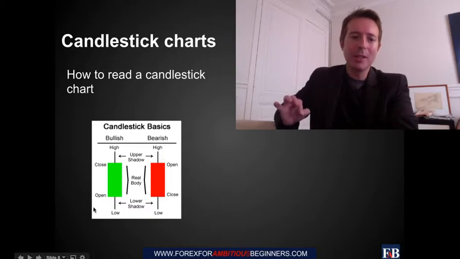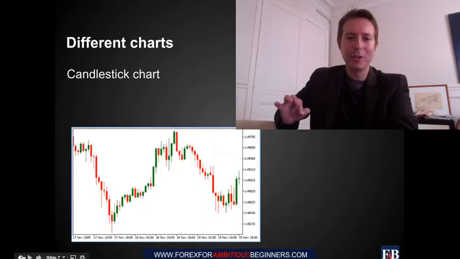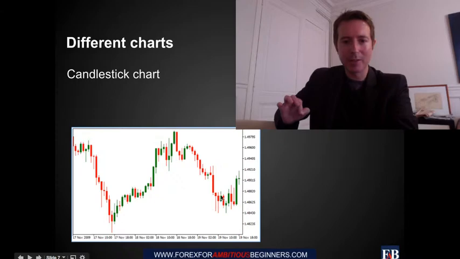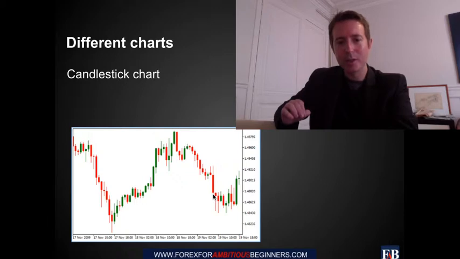So immediately, one of the interesting things that you can do is, for instance, look at this red candle here. It has a very small shadow on the bottom and a longer one on top. Now the candle is red, which means that the closing price is the lower end of the body here.